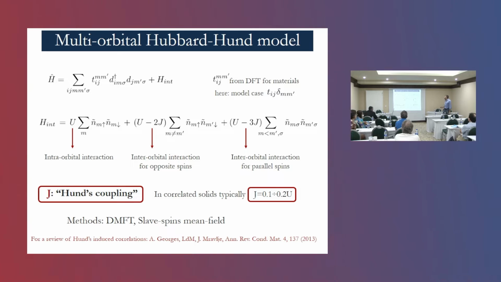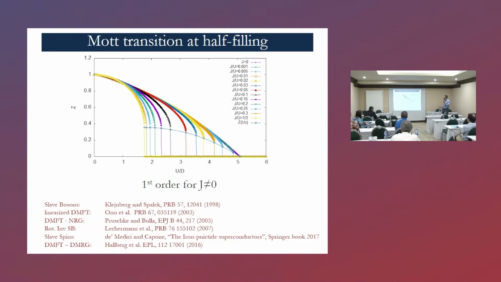Now we solve these models with dynamical mean field theory or slave spin mean field, which are simplified versions thereof. The thing on which I want to draw your attention is the fact that the Mott transition at half filling in these multi-orbital models is first order as soon as Hund's coupling is present.